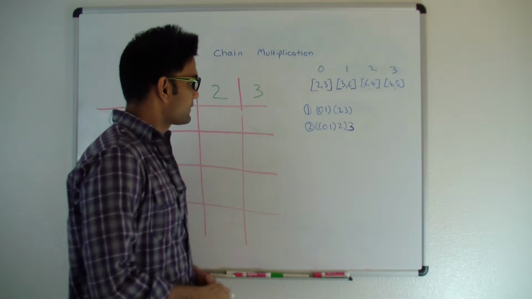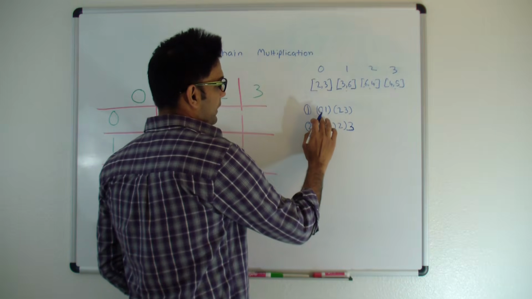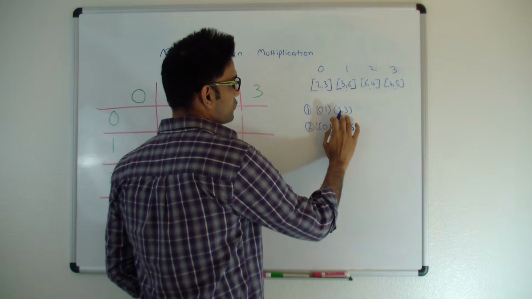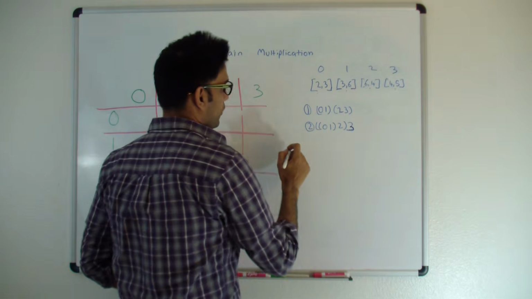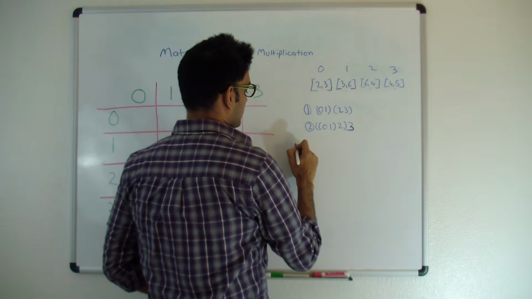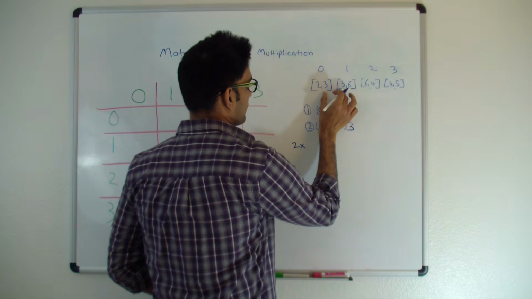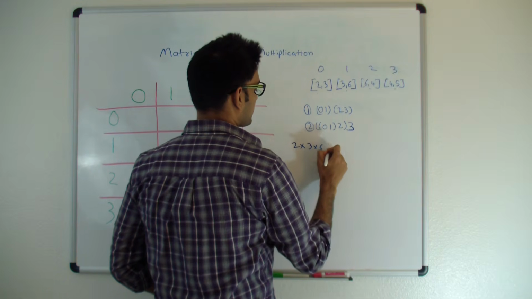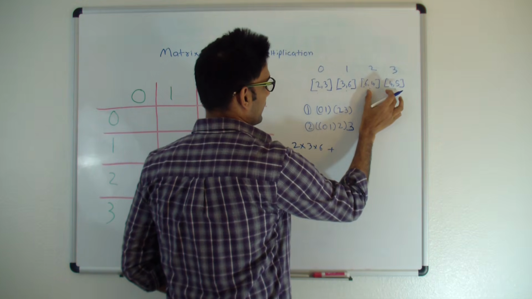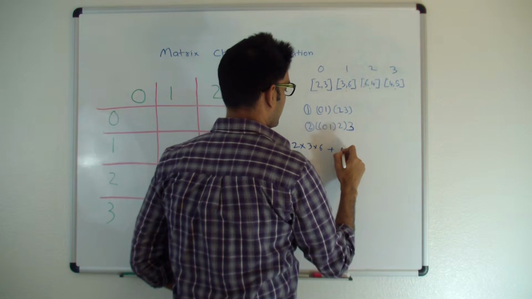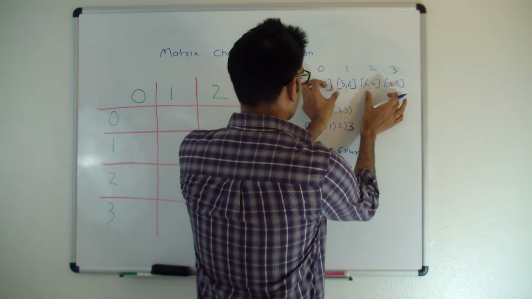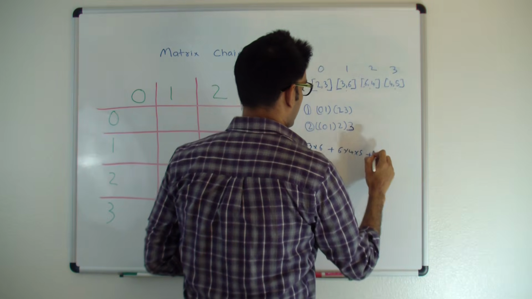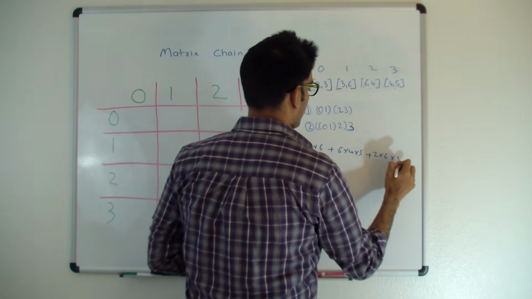So let's look at an example. If I multiply 0, 1 first and 2, 3 later on, and then the result of this is multiplied with this, let's see what the cost will be. So if I multiply this, the cost will be 2 into whatever is common here, 3 into 6, plus the cost of multiplying this will be 6 into 4 into 5, plus the cost of multiplying this will be 2 into 6 into 5.